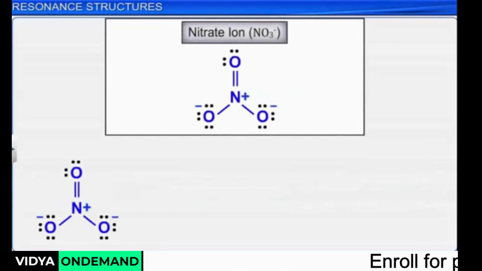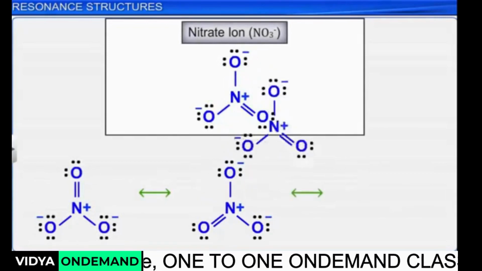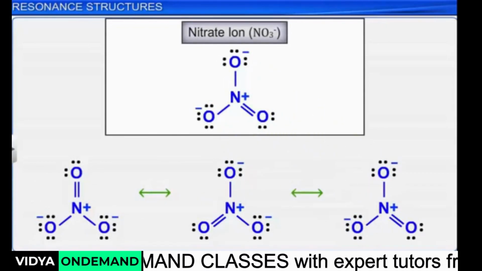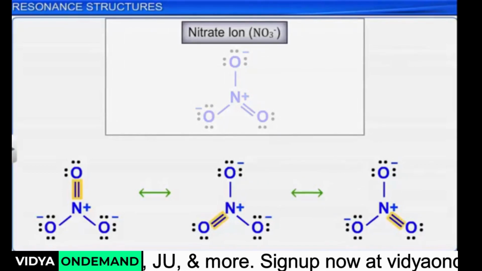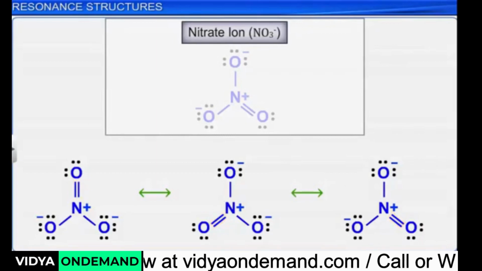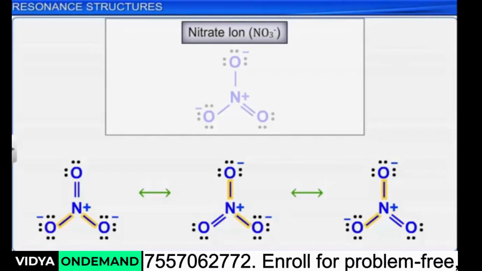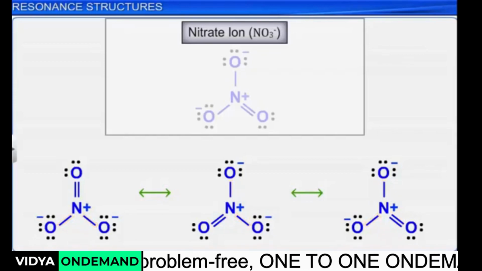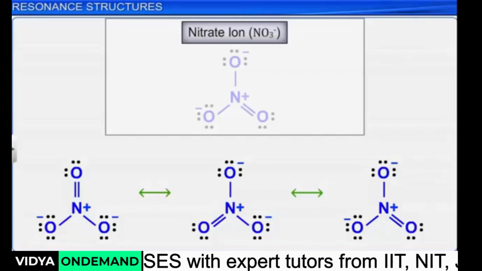Similarly, we can represent the nitrate ion by the three following Lewis structures. In each structure, there is one nitrogen-oxygen double bond and two nitrogen-oxygen single bonds. However, experimental studies reveal that all nitrogen-oxygen bonds are found to be equivalent.